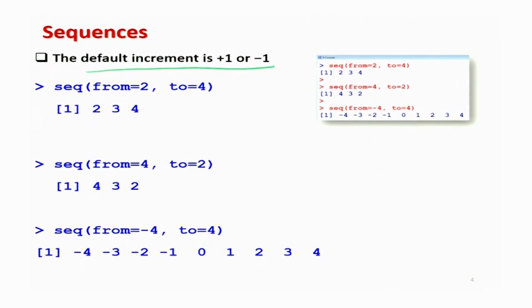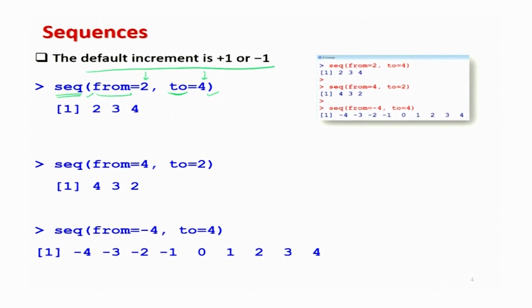And if you want to generate such a sequence, where you want an increment or decrement of 1 unit, then you write SEQ, and inside the parenthesis you write from equal to whatever value you want to start the sequence from, and then you write TO2 equal to whatever point up to which you want the sequence.